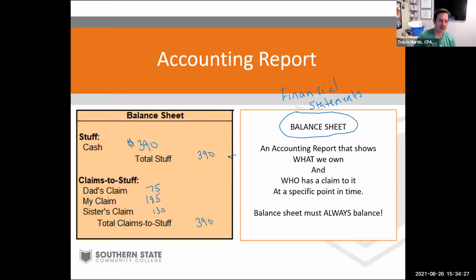Total stuff is equal to claims to stuff. It balances. That's why they call it the balance sheet. If it doesn't balance, you have an unbalanced sheet, and that's not a thing. You just made accounting mistakes. So the balance sheet balances. The stuff equals claims to stuff. So we'll call that report the balance sheet, not the report of stuff. What we own, who has a claim to it.